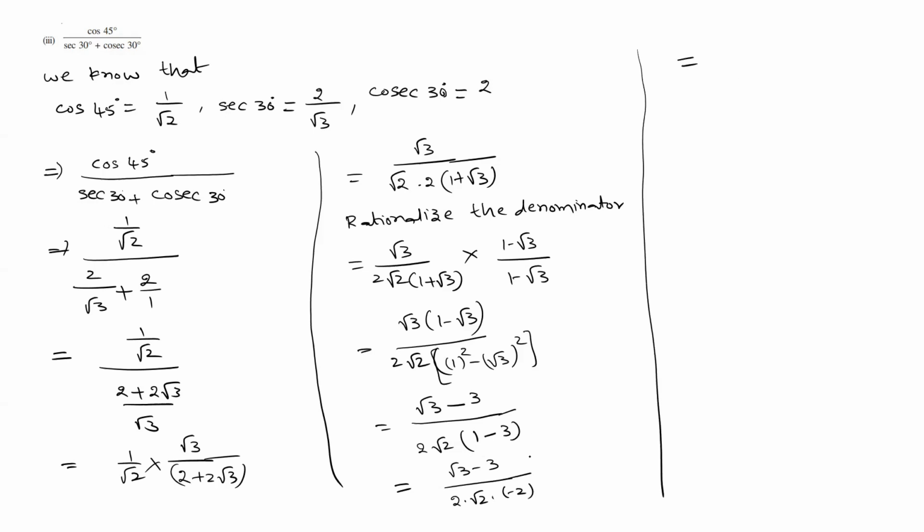Now, if we send the minus to the numerator, minus of root 3 minus 3 divided by 2 into 2, 4 square root 2 you will get here.